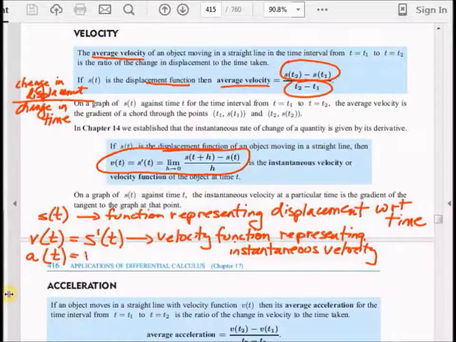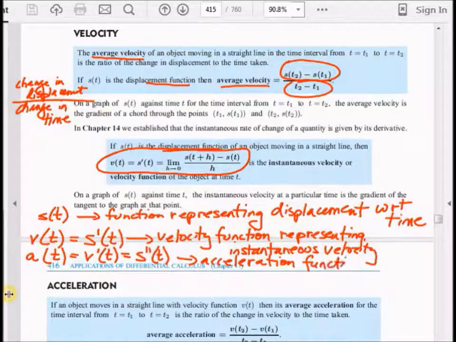It is the derivative of the velocity function, but the velocity function is the derivative of the displacement function, so therefore the acceleration function must be the second derivative of the displacement function. So this is the acceleration function. It's how the velocity is changing with respect to time.